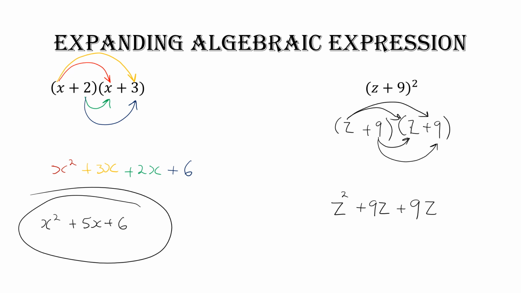And then 9 by 9, that would be 81. And notice these two 9z terms here could simplify. They have a coefficient, but they also have the same unknown factor. So this is the same thing as z squared plus 18z plus 81. And that's our solution to that expansion.